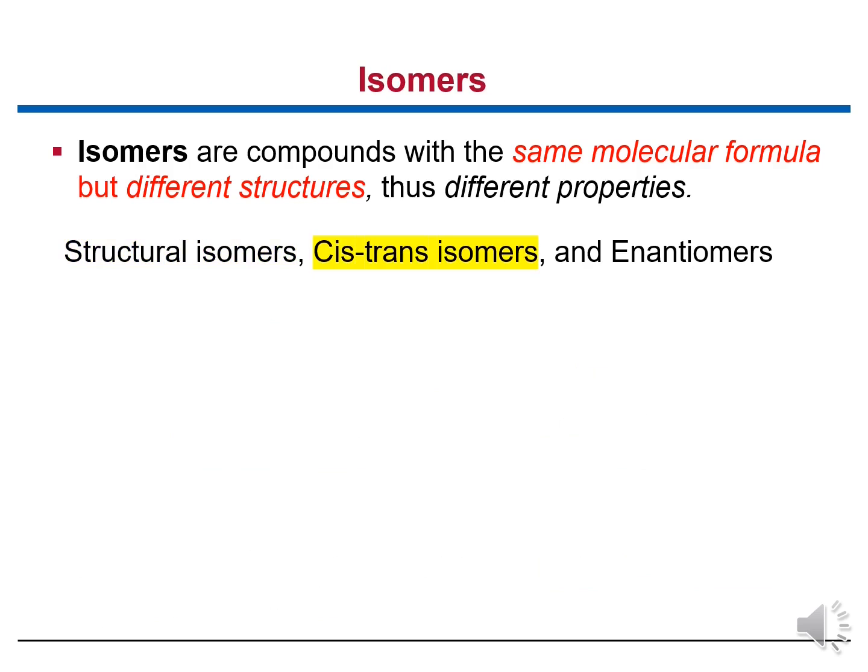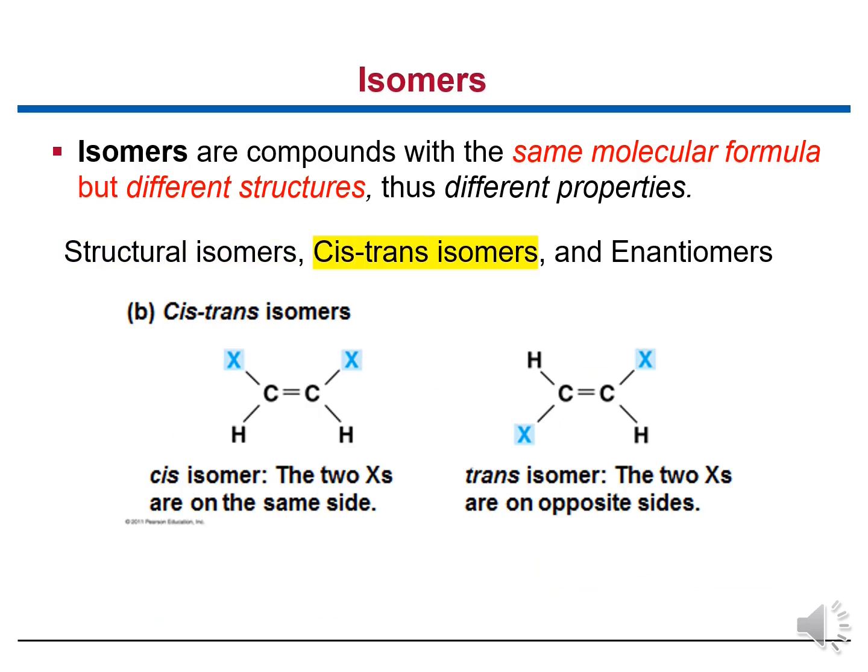Now let's talk about the cis and trans isomers. Different from the structural isomers, you generally are going to have these two covalent bonds here. And here you're going to have this X, a symbol that represents a chemical group. In the cis, these two X are on the same side.